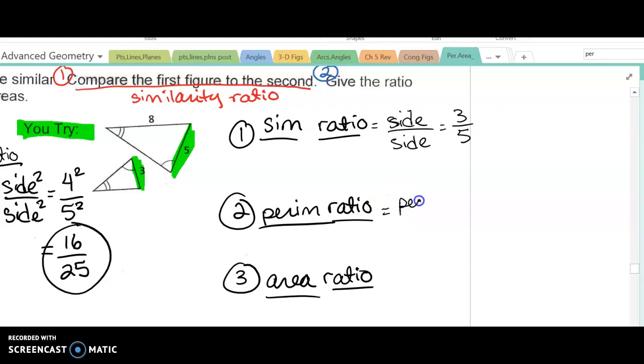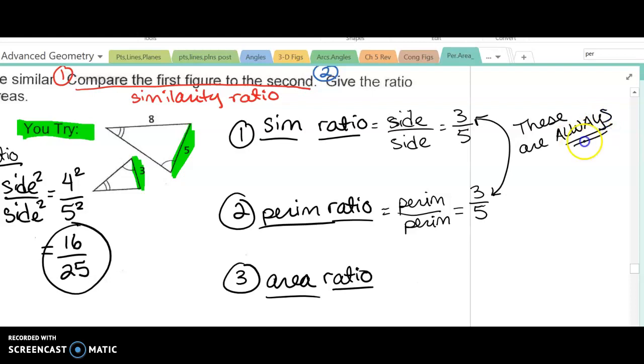The perimeter ratio, you're saying, Ms. Benton, I have no idea what those side lengths are. It doesn't matter, because these are always the same. These are always the same stinking number.